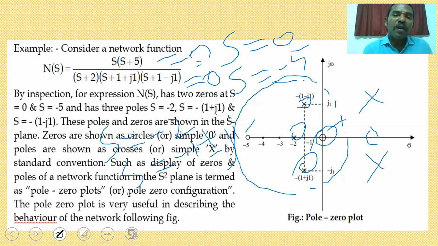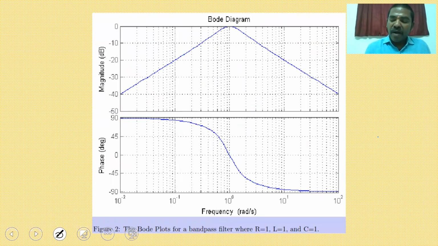Okay, so now coming to the Bode plot. How are we going for the Bode plots? Bode plots, Nyquist plots or polar plots must be considered with respect to your magnitude and phase angle. So let us assume an RL circuit.